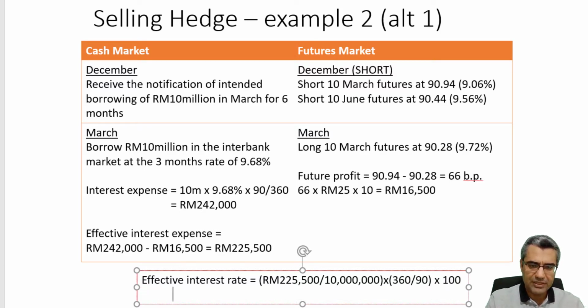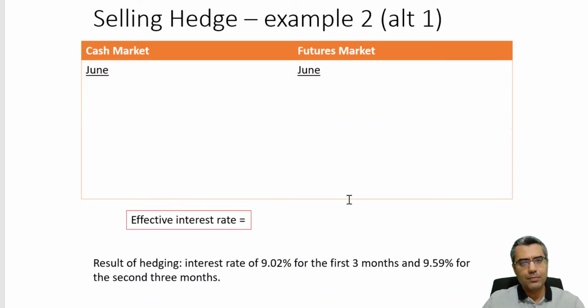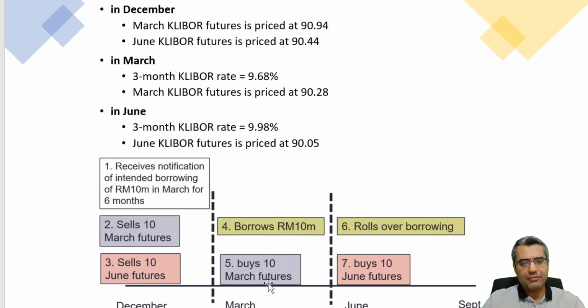So the effective interest rate so far is 9.02%, right? So far we have computed the effective interest rate here.